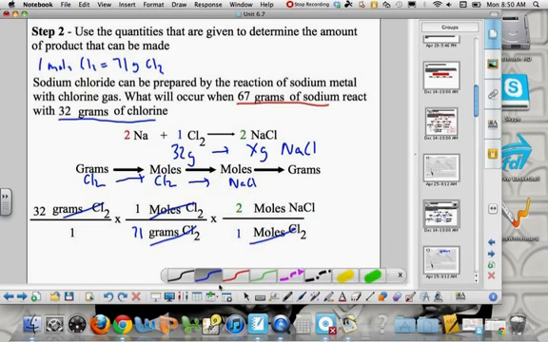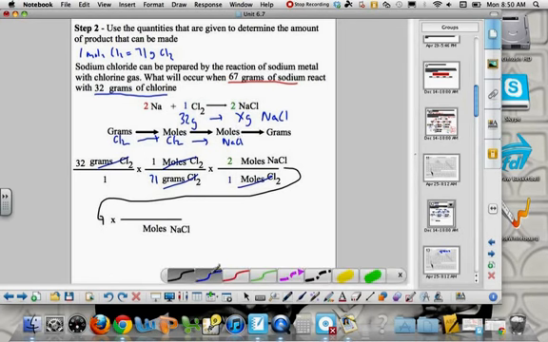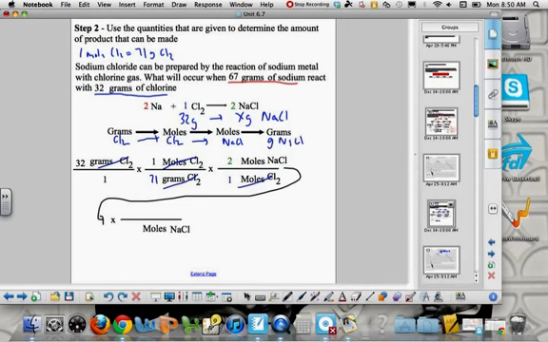Now I got to keep going here because I have to take one more step to get to grams of NaCl. So I'm going to extend the page, draw a line, take it down to the next level here because I'm running out of room, multiply by my final step, and on the top I have moles of NaCl, so that means on the bottom in my next step I'm going to put the moles of NaCl, and I'm trying to get to the grams of NaCl, so that's what I want to have up on top.